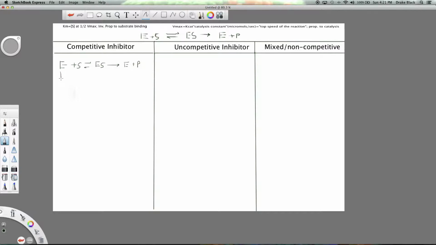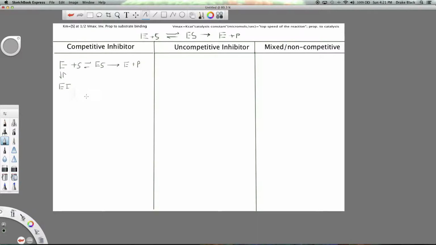So before it could continue with this reaction, this inhibitor creates this enzyme inhibitor complex, making it so no product can be formed, or no substrate can actually bind to the enzyme. The graph of this is actually really simple.